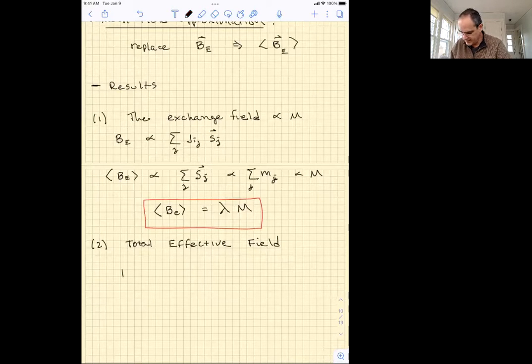So the effective magnetic field is just the sum of the external or applied magnetic field and the average exchange field. And so this must be the sum of the applied field plus lambda times the magnetization. Another useful result.